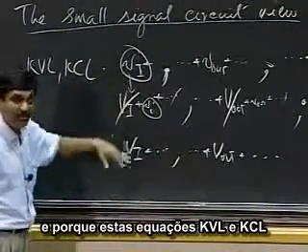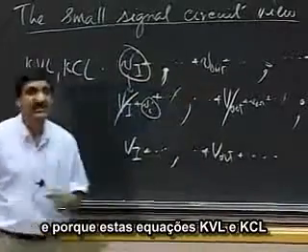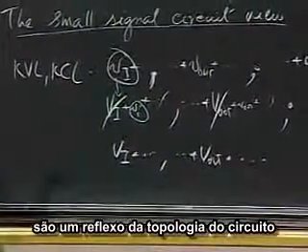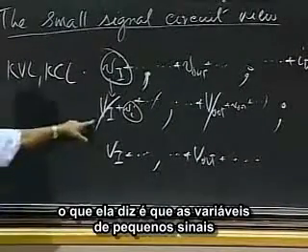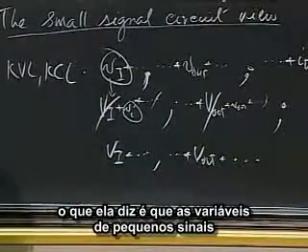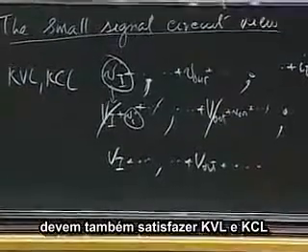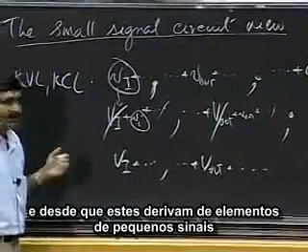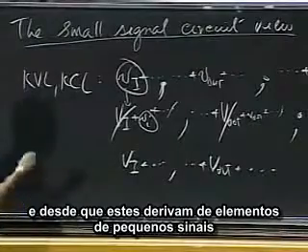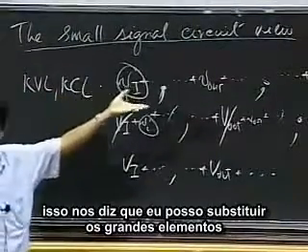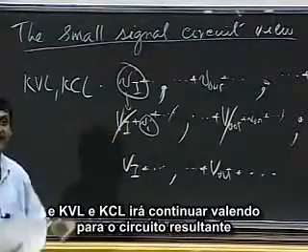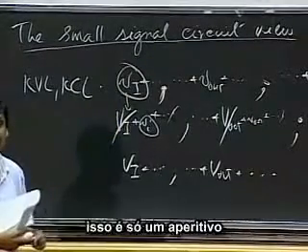And because the KVL, KCL equations are a reflection of the topology of the circuit, the small signal variables must also satisfy KVL and KCL. Since these arise from the small signal elements, I can replace the big elements with the small elements, and KVL and KCL will hold for the resulting circuit.